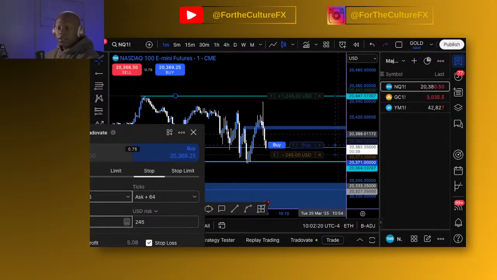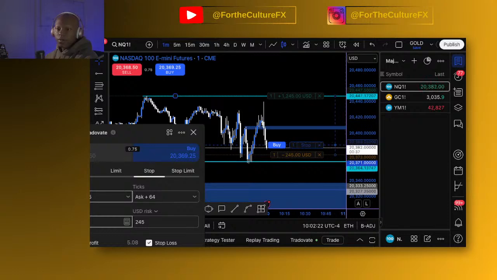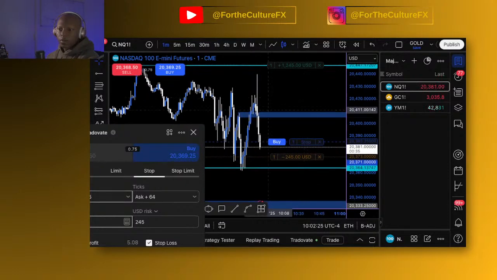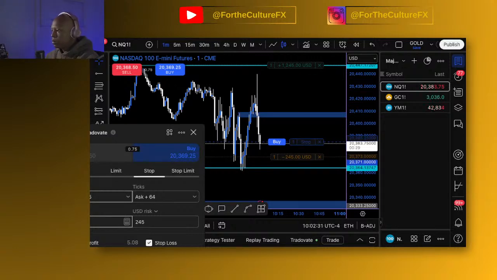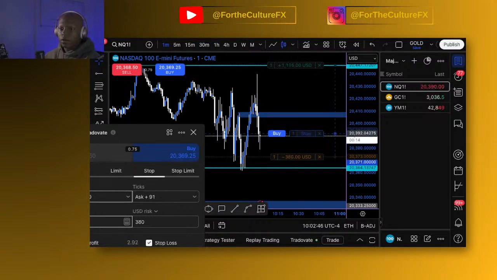All right, let's see what we get here. We're starting to come into that premium zone. All right, is this going to be our candle here?